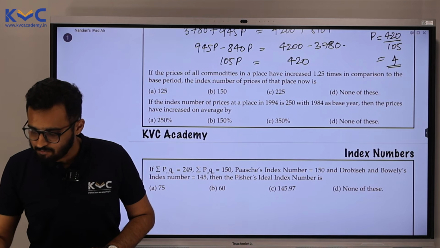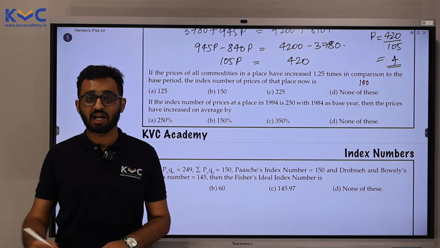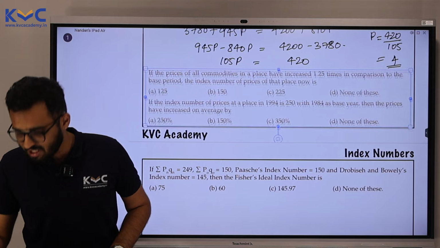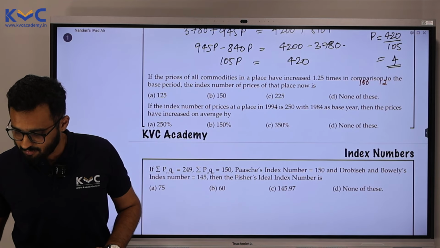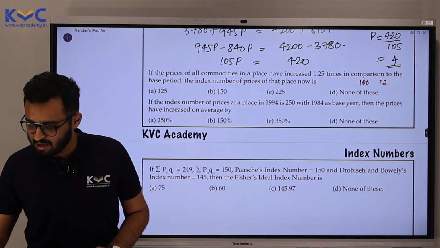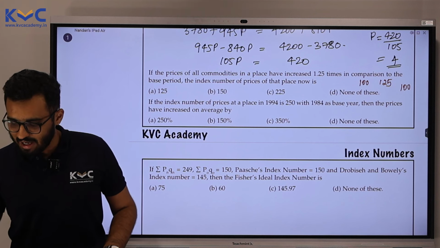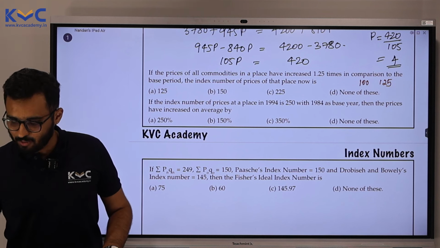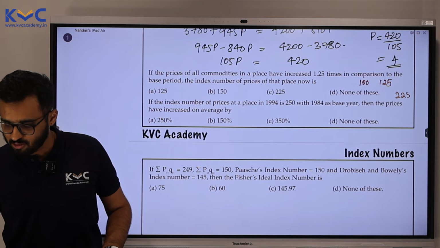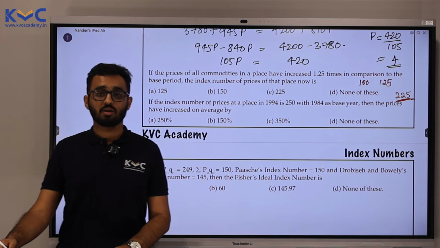So if my earlier value was 100, 1.25 increase means it is 225.